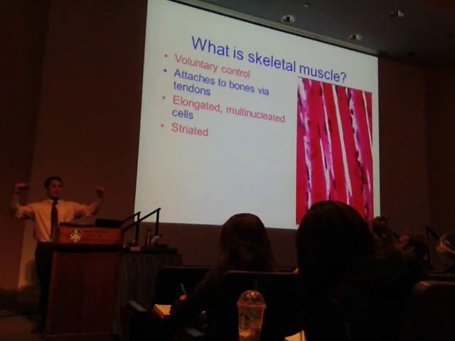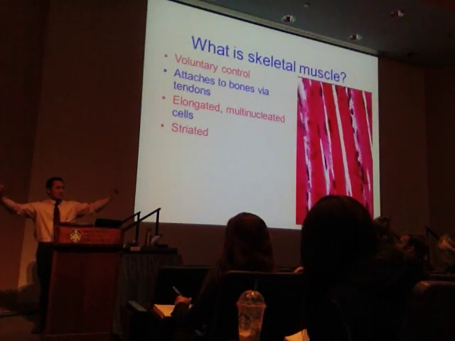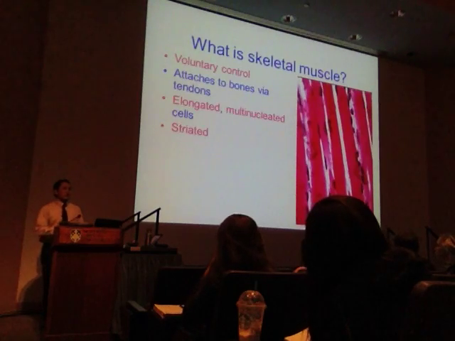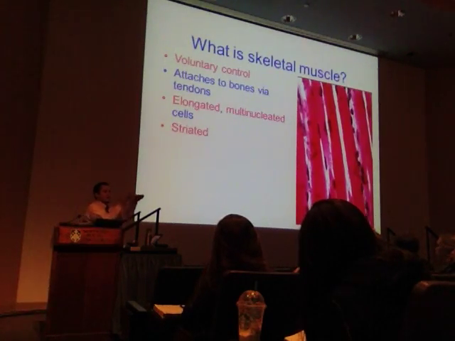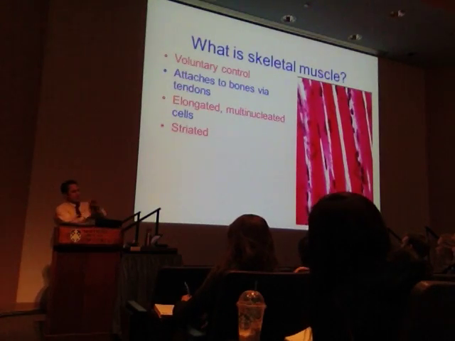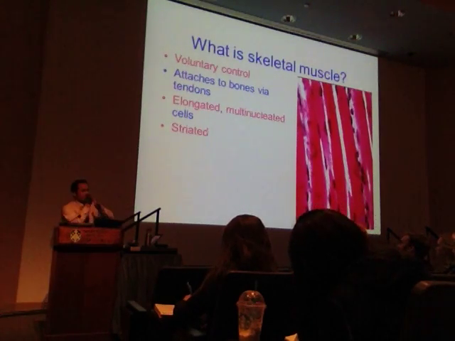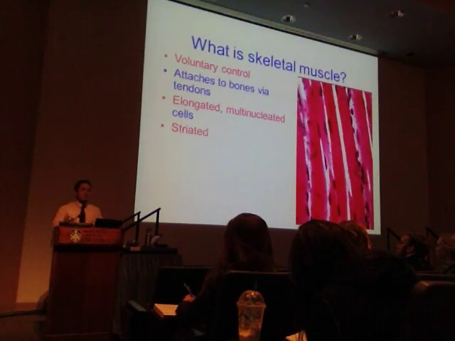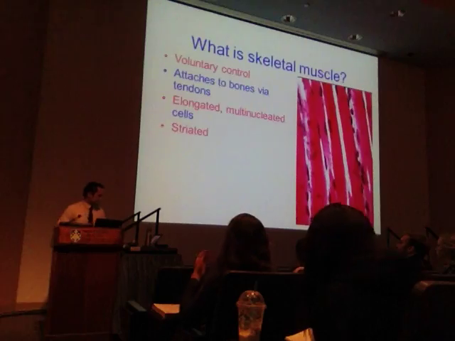It's elongated, very, very thin. And they're striated because of the pattern of the cytoskeletal filaments known as actin and myosin. Because of the way that they're organized, it has this very dark-light appearance to it. And that's what you see microscopically, this pattern.